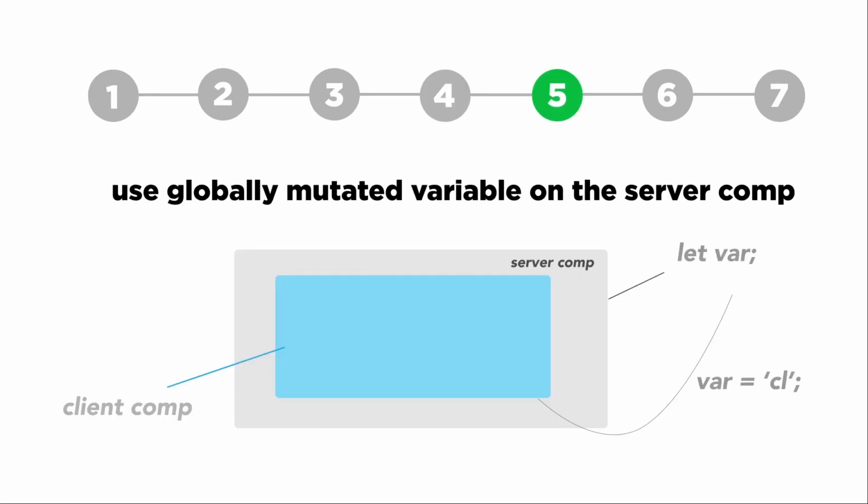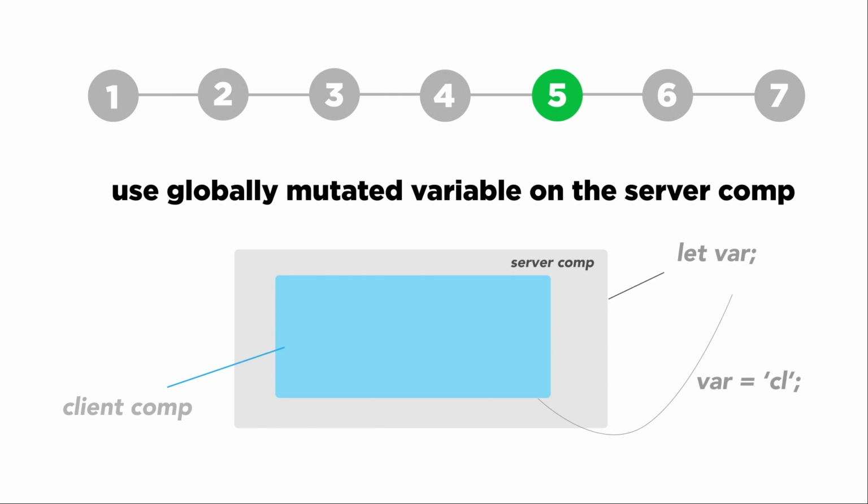Next, we have the globally mutated variable. In JavaScript or any other language, there are instances where you need to mutate a variable globally. What I noticed is that it's better to use a globally mutated variable on the server components than on the client components.